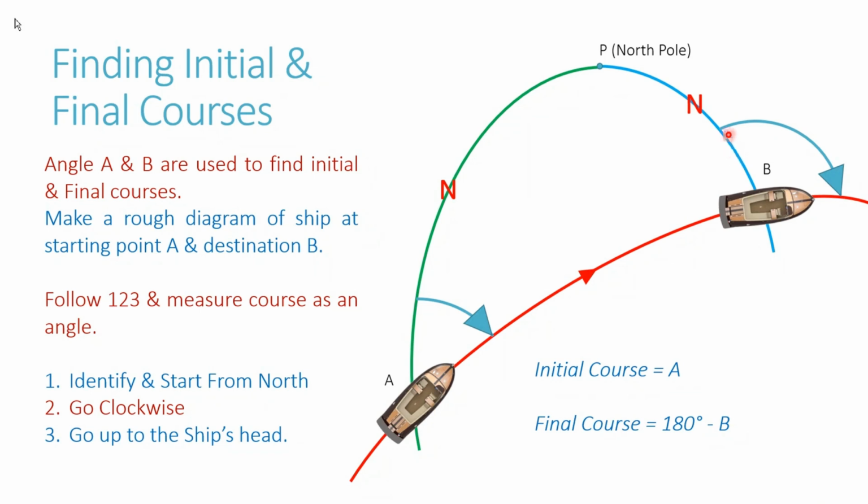Our course in this case is the outer angle B of the triangle. So you can see here that the angle B calculated using the cosine formula will be a different value, whereas the final course of the ship at the destination position will be a different value. We can use the angle B to find out our final course.